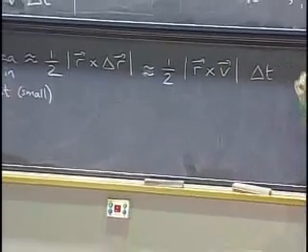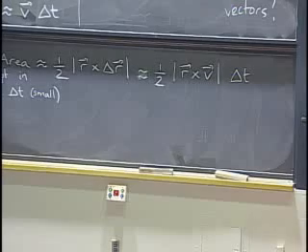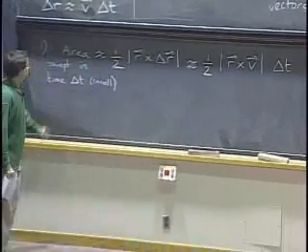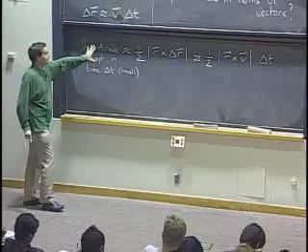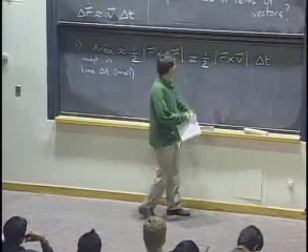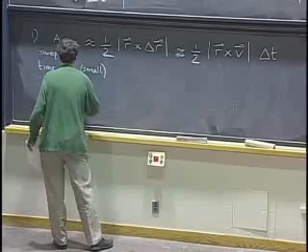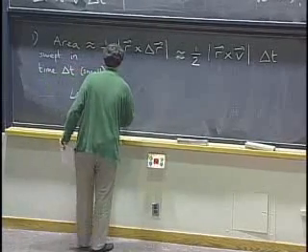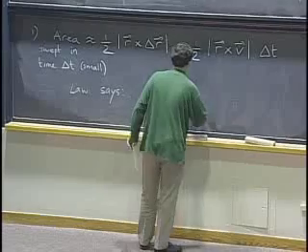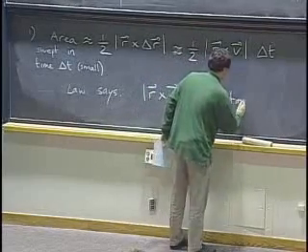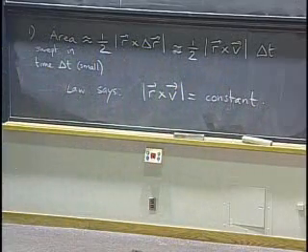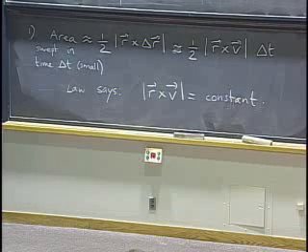I can take out the delta t, which is a scalar. So now what does it mean to say that area is swept at a constant rate? It means this thing is proportional to delta t. So that means, so the law says, in fact, that the length of this cross product r cross v equals constant. Okay. R cross v has constant length.